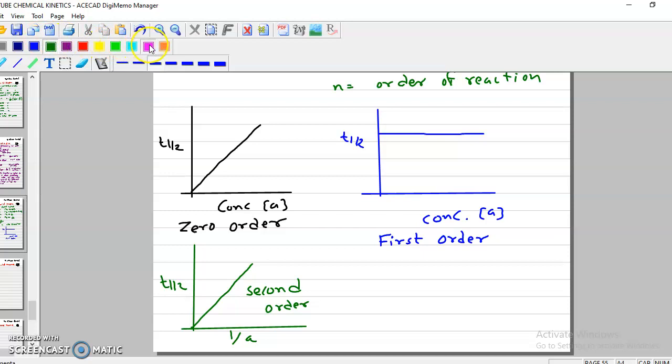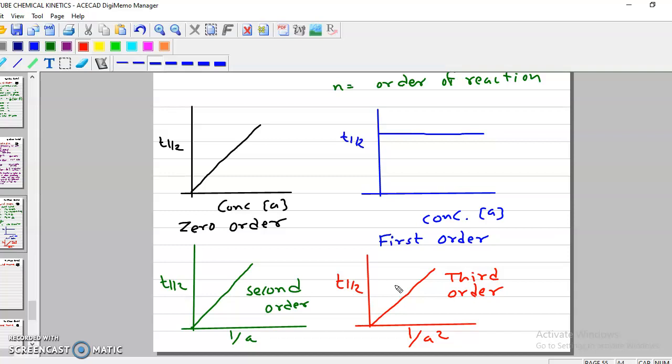Next, if the graph goes like this for T half versus 1 upon A square, then this is third order reaction. So this way, from graph also we come to know if we plot T half versus A concentration, then also we can find out order of reaction.